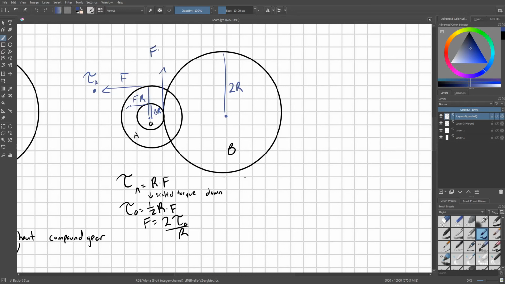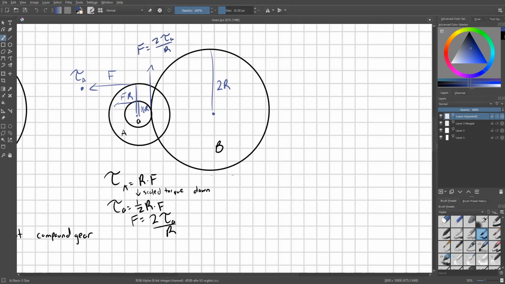So this is F equals 2TA over R. Right, and so the torque on B equals 2TA over R times 2R, which is ultimately going to equal 4TA.